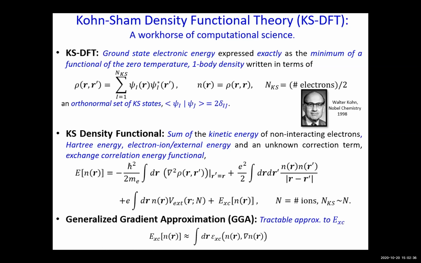We typically, in our code, have an exchange correlation function, which is where all the sins are hidden. That depends on the density and its gradient.